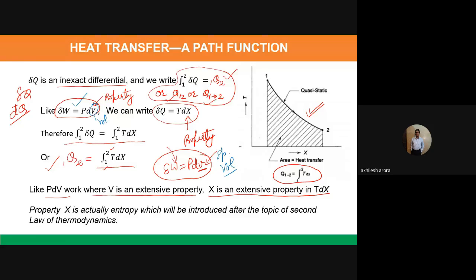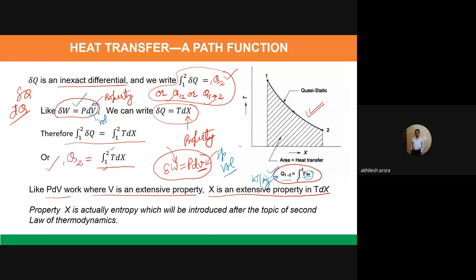So similarly, when I am calculating this heat transfer Q1 to 2, it is given as Tdx because here it is written in smaller case. So it is basically heat transfer per unit mass. Okay. The unit that you will get here will be kilojoules per kg.